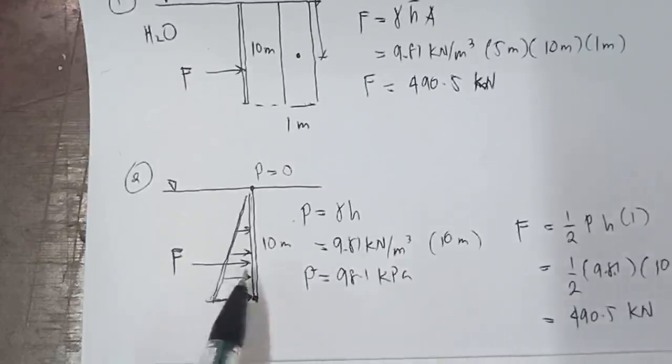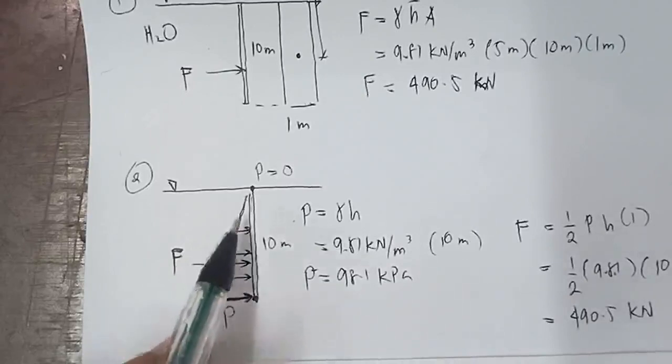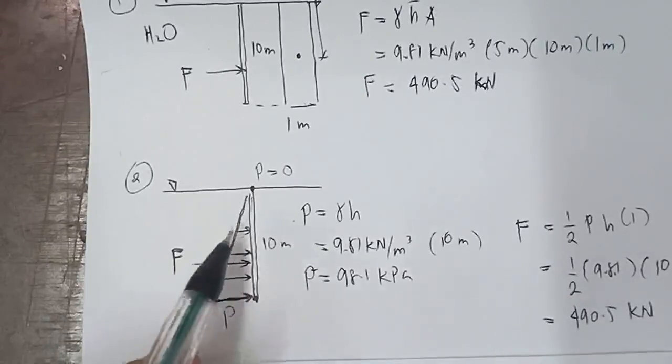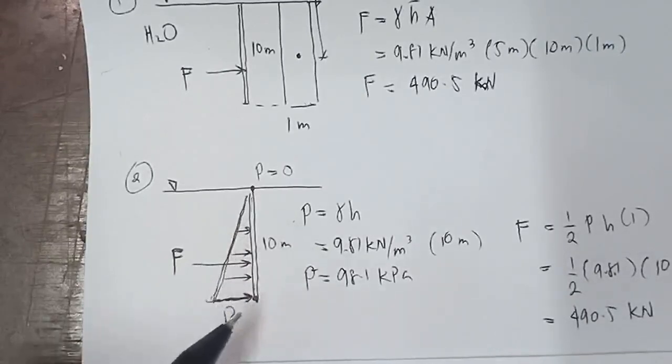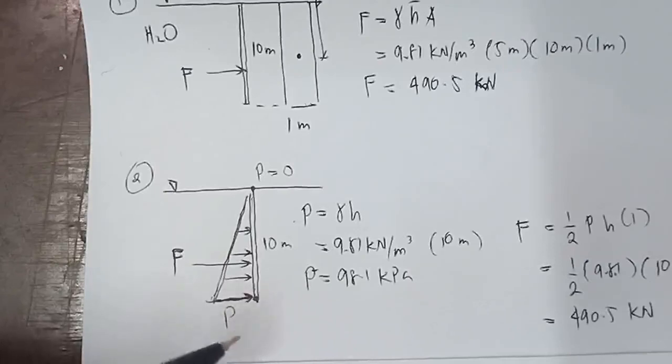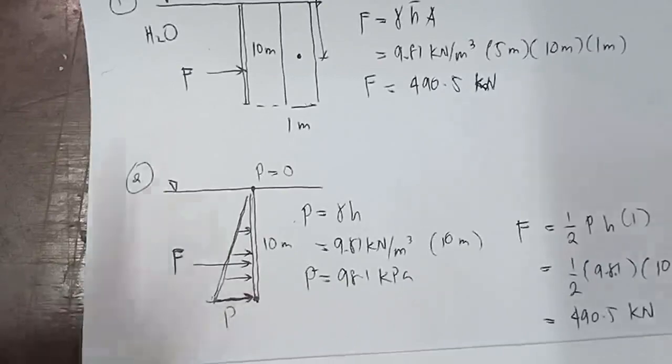Then, to solve for F, i-solve lang natin yung volume ng pressure diagram. So, ang pressure diagram guys niyan is triangular area times yung thickness perpendicular to the board, which is 1 meter. So, kung imagine nyo guys, para siyang pizza na may thickness 1 meter perpendicular to the paper.